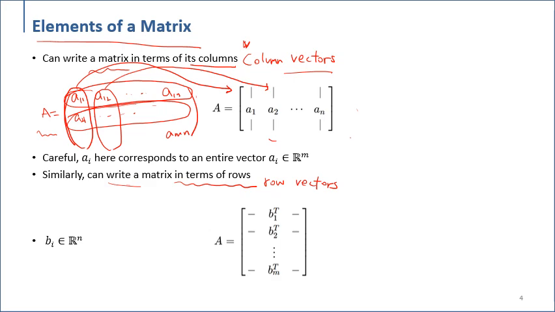So we write the row vector as the transpose of the b1 vector. This is written as b1 transpose, and this as b2 transpose.